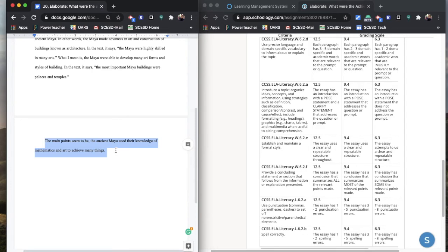No, we don't summarize. Well, let's see. The main points seem to be the ancient Maya used their knowledge of mathematics and art to achieve many things. If we wanted to summarize everything, to achieve advances in writing.